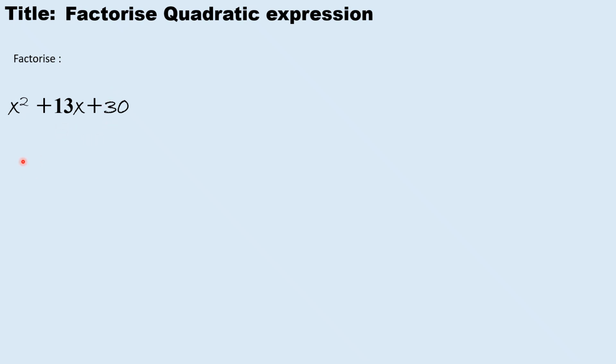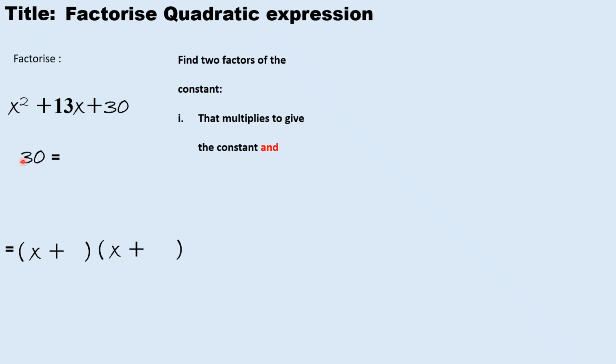So let's start with our constant 30. 3 multiplied by 10 is 30, and for our coefficient of x, that is the number that is multiplying the x, we need to add those factors to get our coefficient of x.